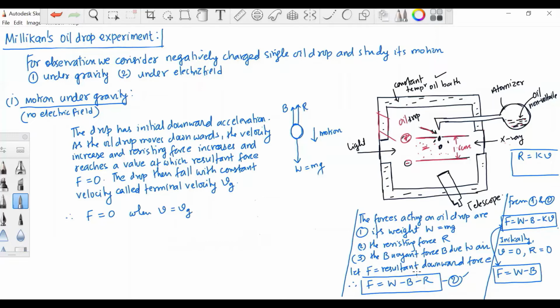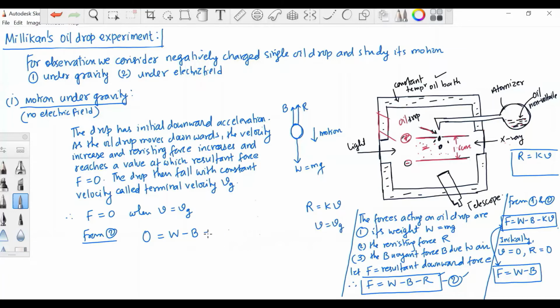From the second equation, F is 0, W minus B minus R, and we know R is K times V. Now we replace V by Vg.